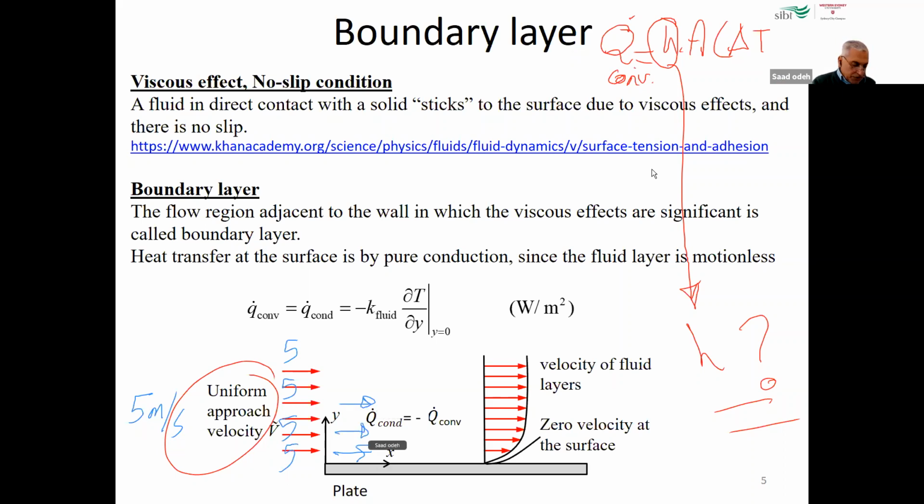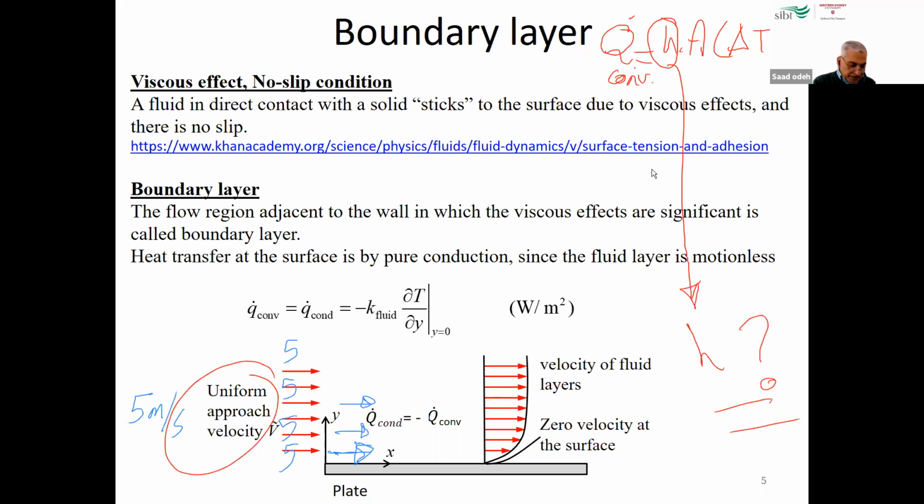But once it starts to go over the surface, a change will happen, because the flow adjacent to the surface will have lower velocity due to the viscous effect. This is a kind of friction between the fluid and the surface.